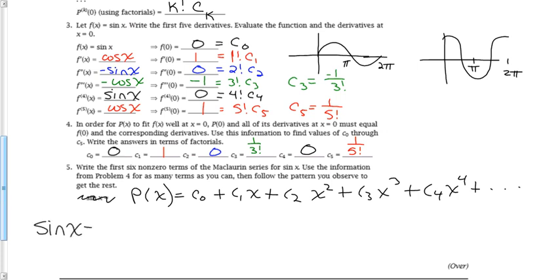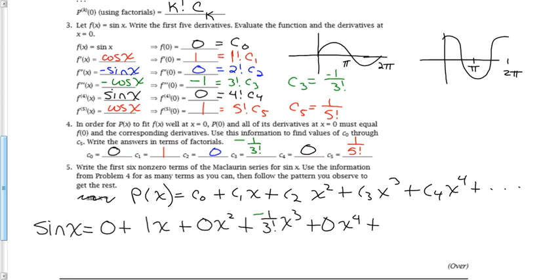Sine of x is going to be C naught, which is 0, plus C1 times x to the first power, plus C2 x to the second power, plus C3 x to the third power. Wait, I missed a negative. I apologize. When I wrote down my C3 down here, I missed my negative. So this should be a negative right here. Sorry about that. Plus 0 x to the fourth, plus now I'm on my fifth, 1 over 5 factorial x to the fifth.